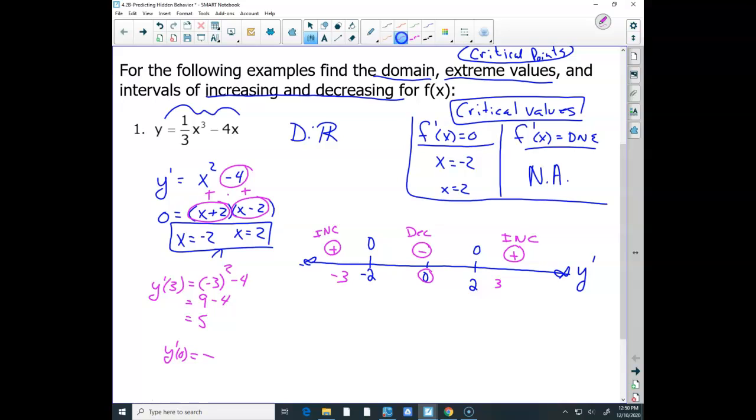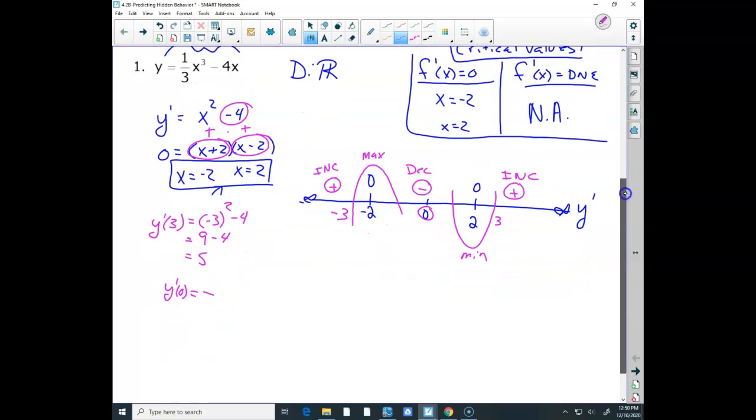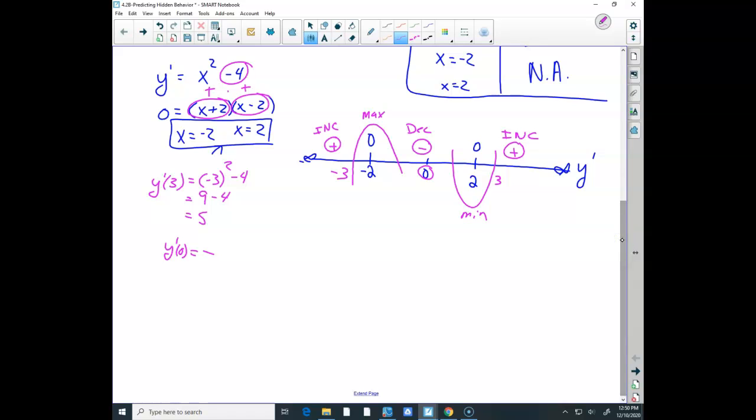Therefore, what I'm looking at is increasing, max, then I decrease, then I increase, min. So that's what I'm looking at. I know my domain, I already stated. I know that f of -2 is going to be a max.